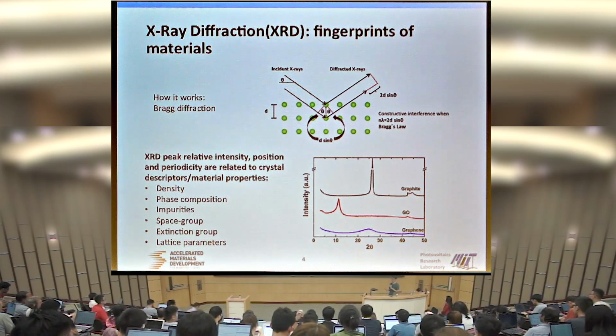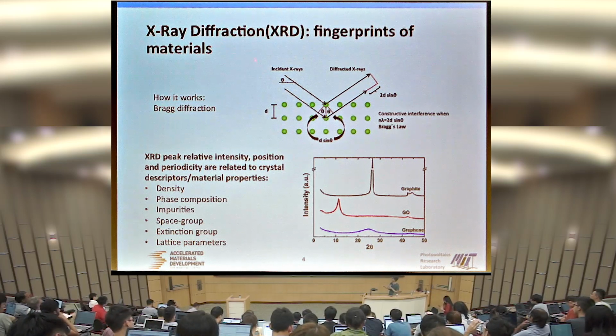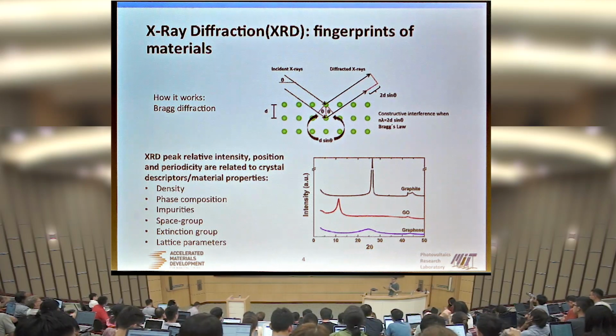The X-ray has such high frequency that it has wavelengths comparable with the atom-to-atom distance. So the working principle of XRD is that you send in incident X-rays, and the X-rays get diffracted because of the periodic arrangement of those atoms. By measuring this phase shift, you can extract certain information about the crystal.